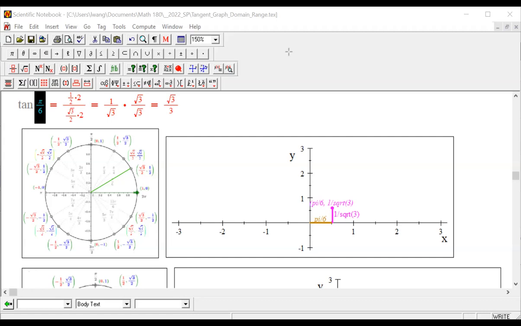And there is an arc length. Okay, this arc length will be used as the length pi over 6 here. You see the pi over 6.